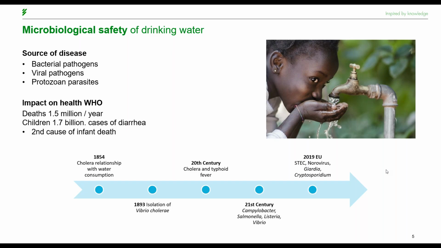So in this webinar, we will focus on the former, since 1.5 million people die of waterborne diseases annually. The vast majority, unfortunately, are children who die of dehydration caused by diarrhea. So it is not surprising that water is one of the main vectors of disease.